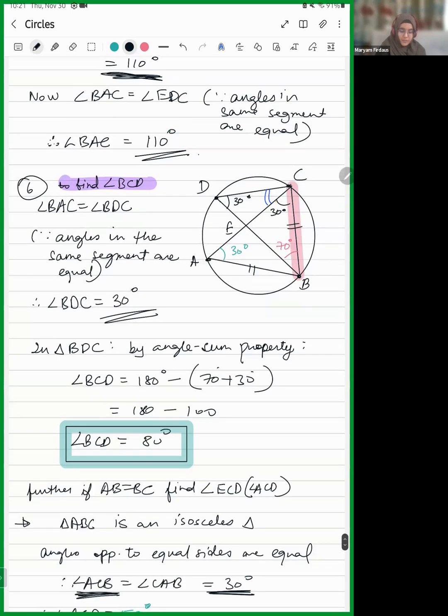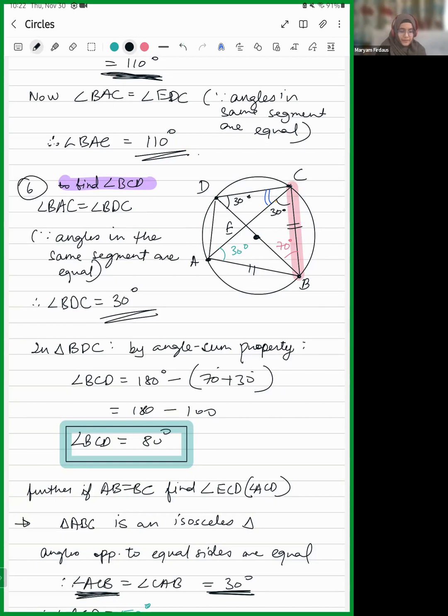In the previous question, this was a cyclic quadrilateral, but look at the diameters. Are they passing through the center? Diameter means it passes through the center. But in this case, is it passing through the center? No. The center of the circle is somewhere around over here. Only one of them is passing through the center, the other one is not.